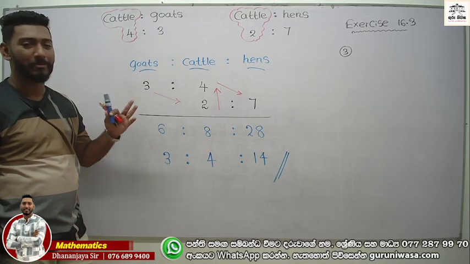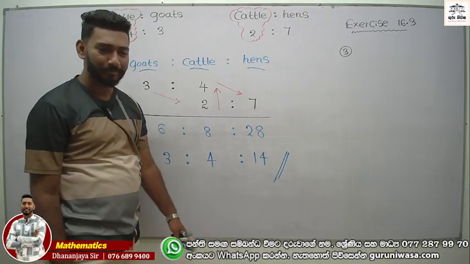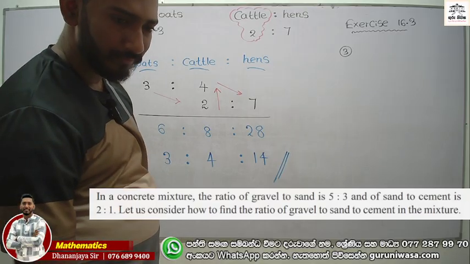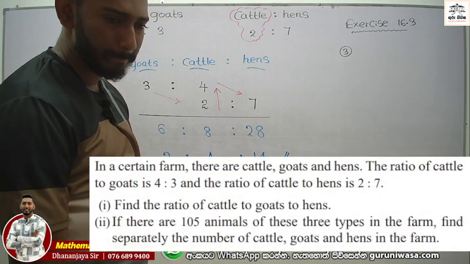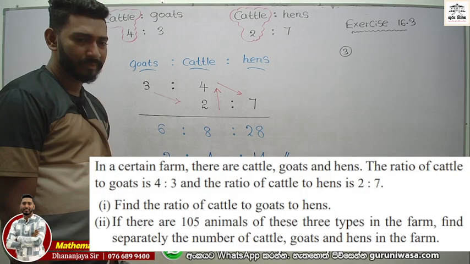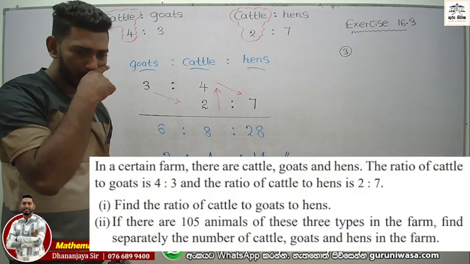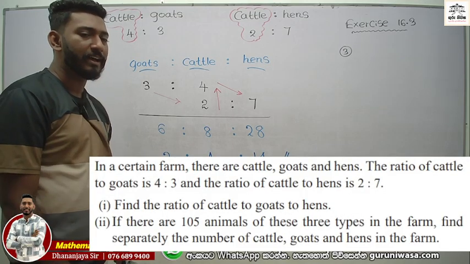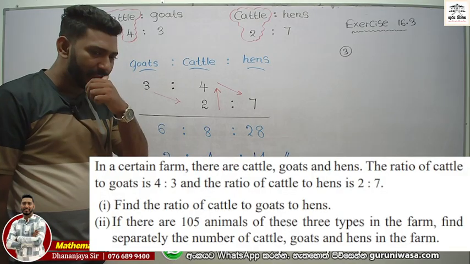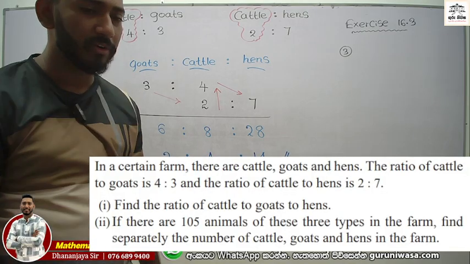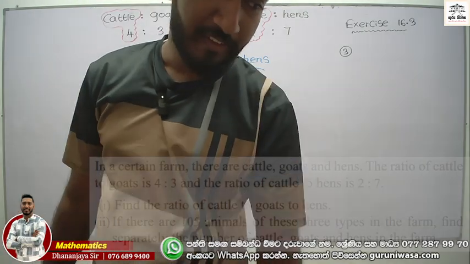Let's get the work done, everyone. Note down. And the last one says, if there are 105 animals of these three kinds in the farm, find separately the number of cattle, goats and hens in the farm. You can do that.